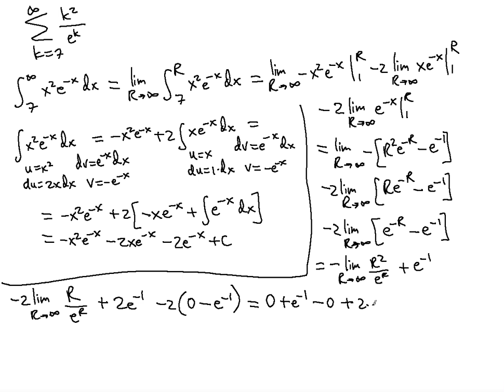Then plus 2 e to the negative 1 copying this, and minus, actually plus, two minuses, 2 e to the negative 1. So we get a value: 1 plus 2 plus 2 gives 5 e to the negative 1, which is equal to 5 over e. So this is a convergent value.